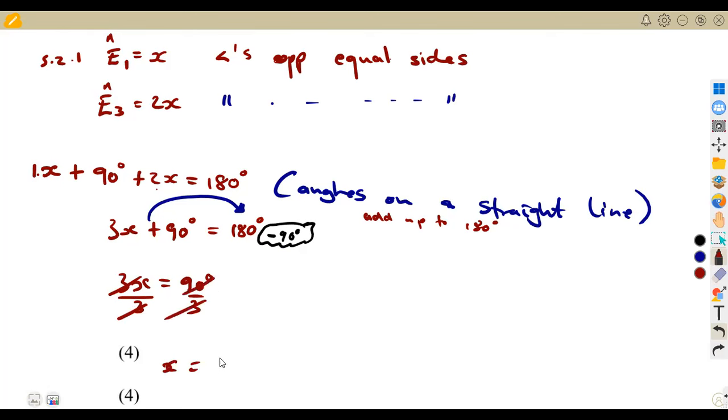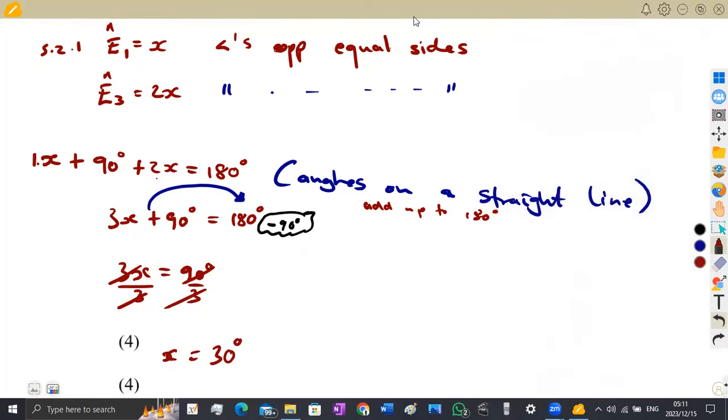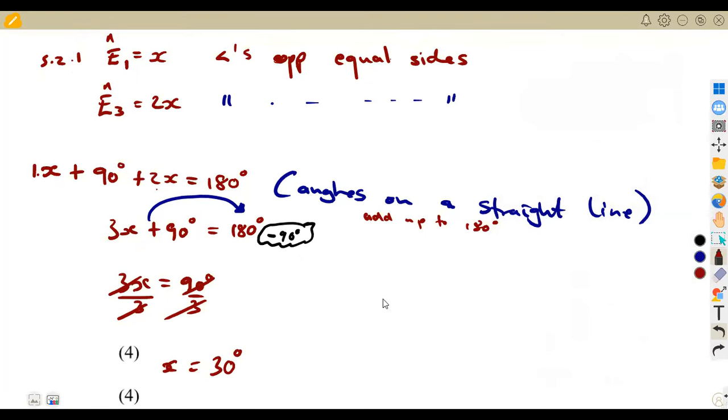This gives you 30 degrees, or you can just use your calculator. Like I always say, the calculator can be used whenever you do not understand your calculation. Just divide 90 by 3, that is 30 degrees. So this was a straightforward calculation.